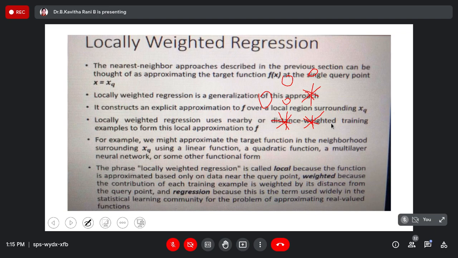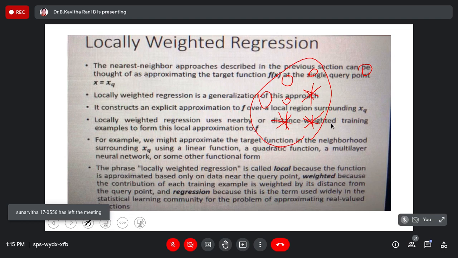Now if any new data is given to the system and it has to be classified, then what will it do? It will compare with the existing data. So what it will do? It will take the nearest data.